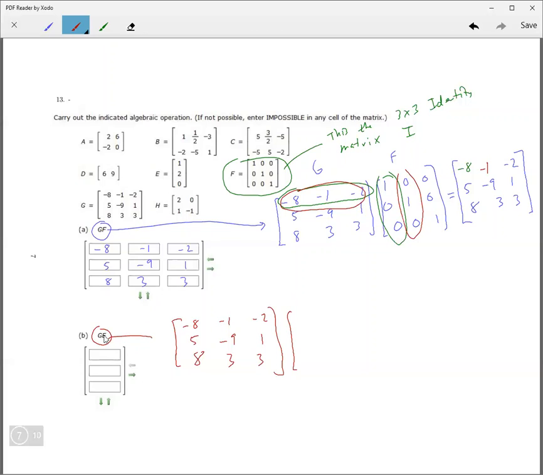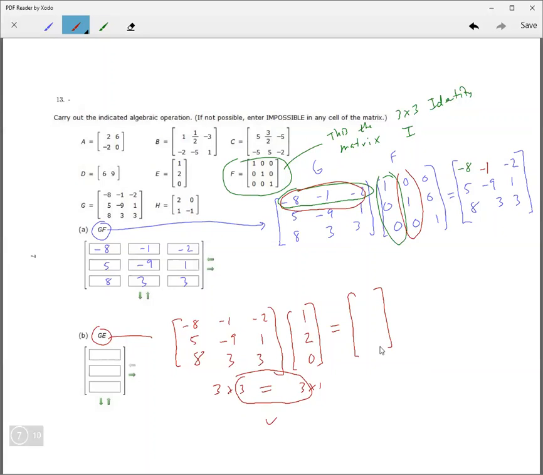And then E is this matrix right here. Okay, so now these are very different sizes. This is 3 by 3. This is 3 by 1. But because these match up, then you can multiply them together, and the result will be 3 by 1. It'll just be a matrix like that.